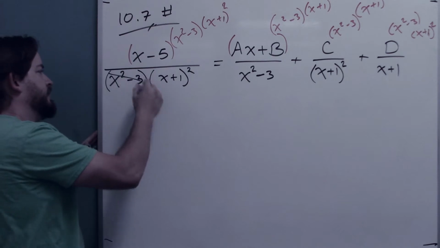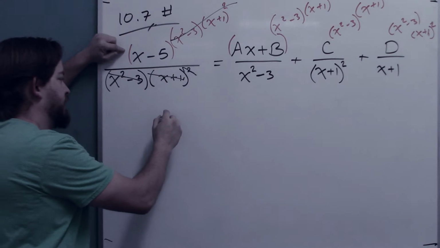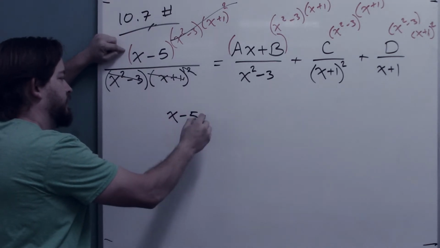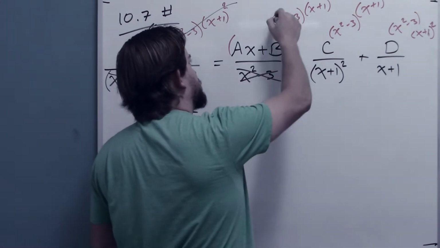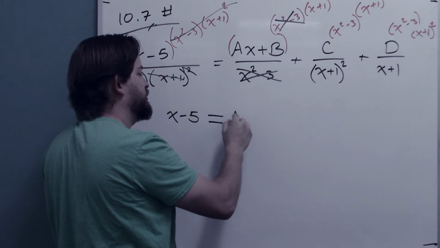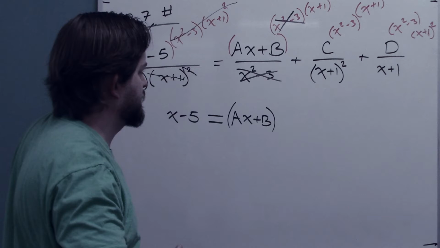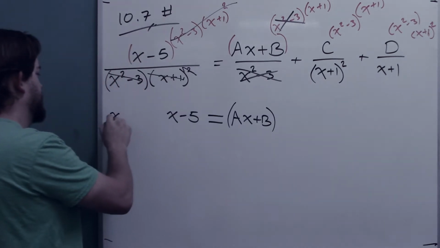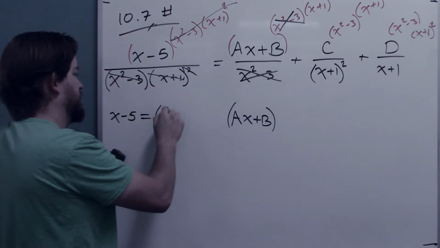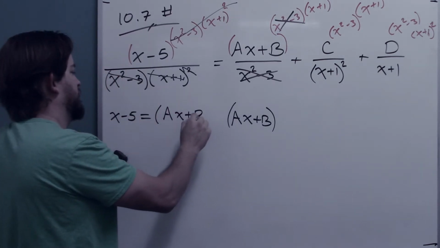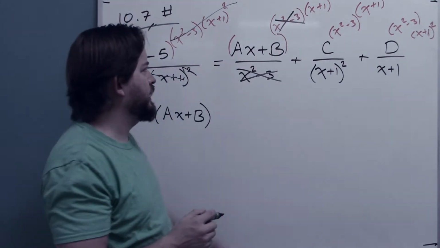The x squared minus 3, the x plus 1 squared gets all canceled out by that, and I'm left with x minus 5 on the left, equals, my x squared minus 3 cancels over here, leaving me with ax plus b multiplied by, I probably want to move this over, I might need the room, multiplied by x plus 1 squared is left over.